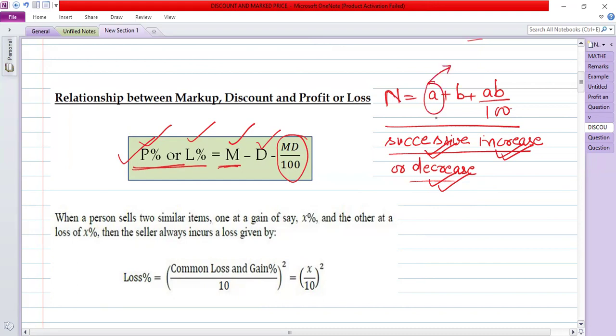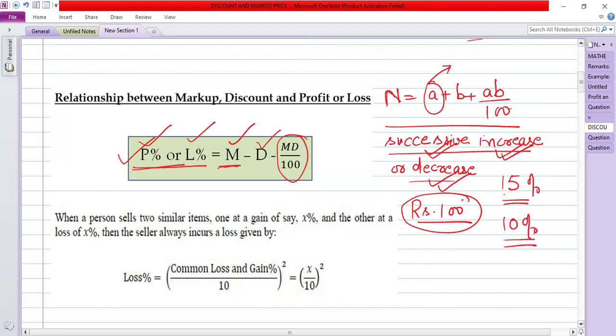Here we take the item, say price. Suppose the initial price of an item is 100 rupees. At first it is increased by 15%, and after that it is increased by 10%.